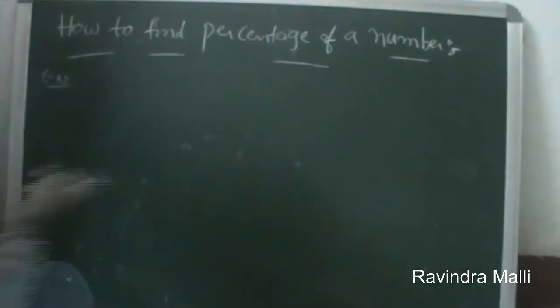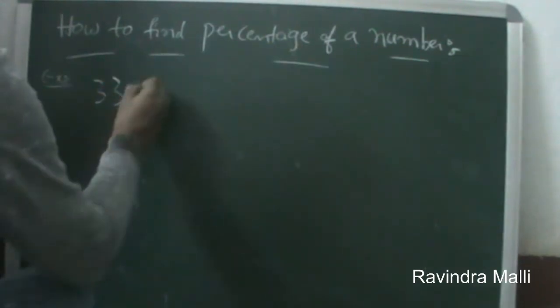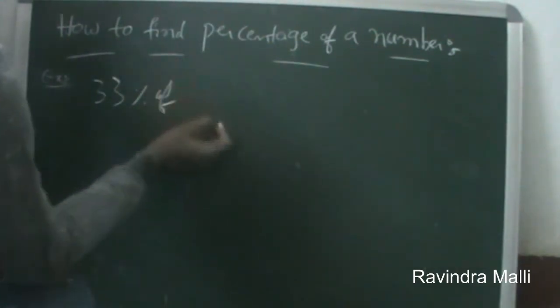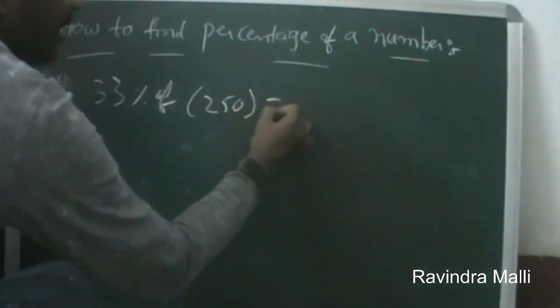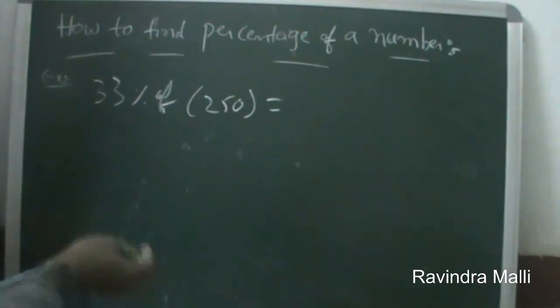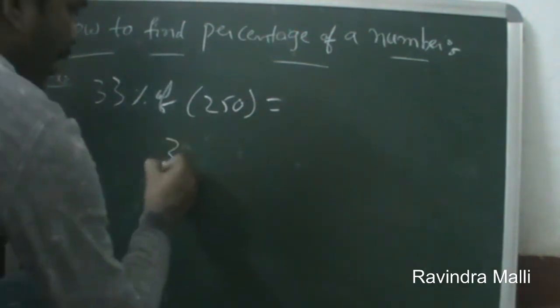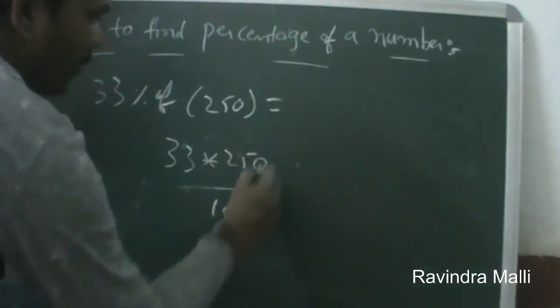Let's go for one more little difficult and tricky problem: 33% of 250. If you want to solve it as 33 into 250 by 100, what is happening?